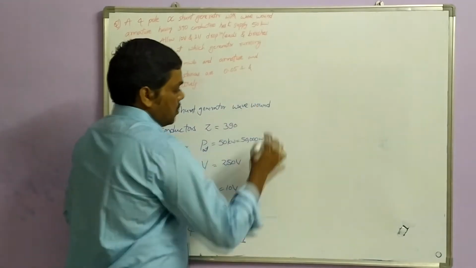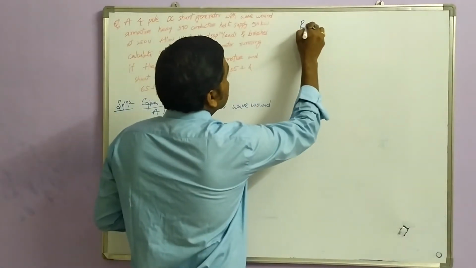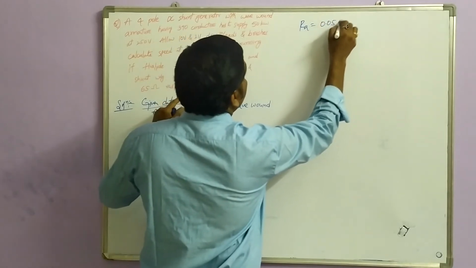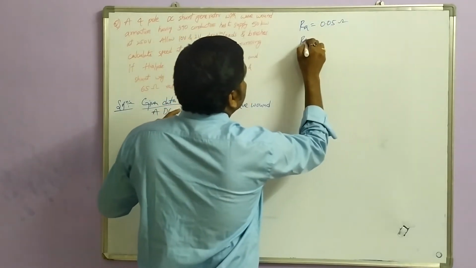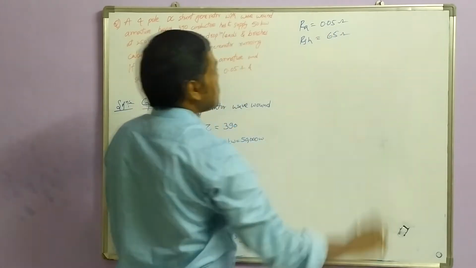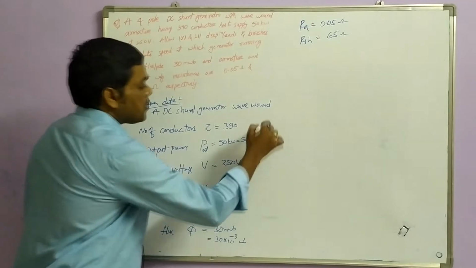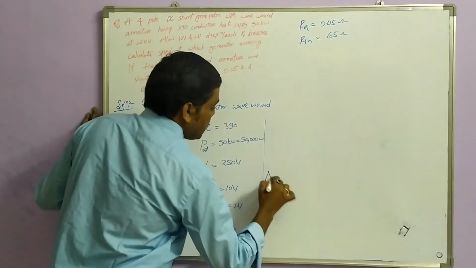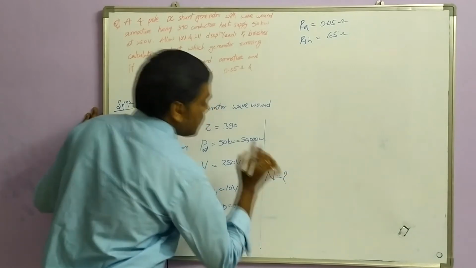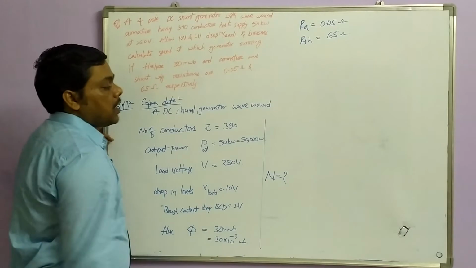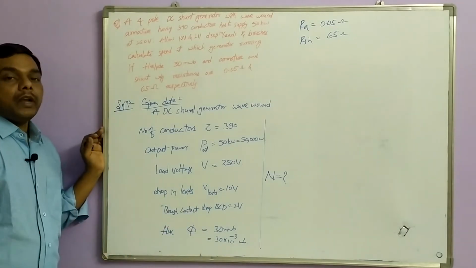So I will write here armature resistance is 0.05 ohms and shunt field winding resistance is 65 ohms. Now what is the parameter we have to calculate? We have to calculate the speed of the generator at which it is running.